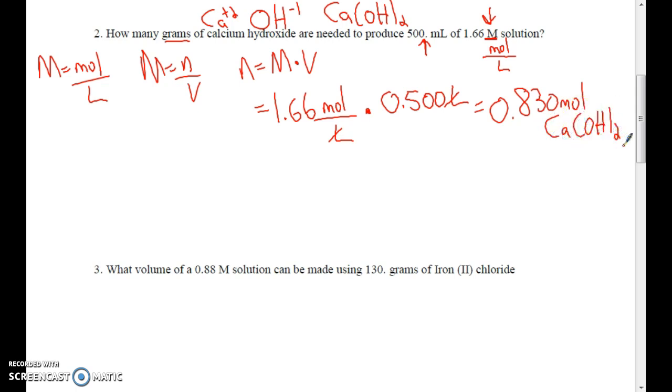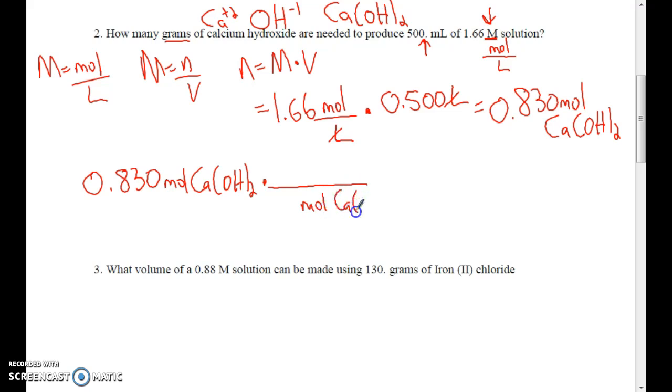And what we have to do is convert that into grams. All right, so we need the molar mass for that. Since you start off with moles, you put mole on the bottom. The number 1 always goes with that when you're doing this conversion factor. And the molar mass for calcium hydroxide is 74.1 grams for every 1 mole.